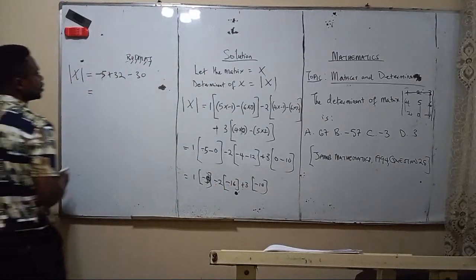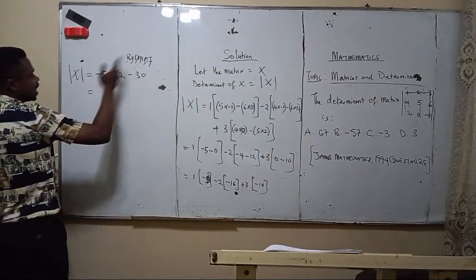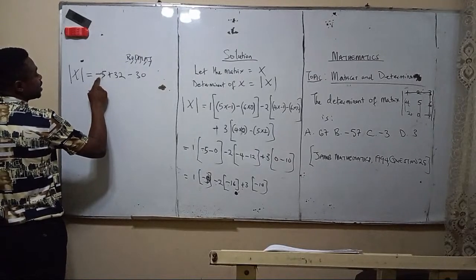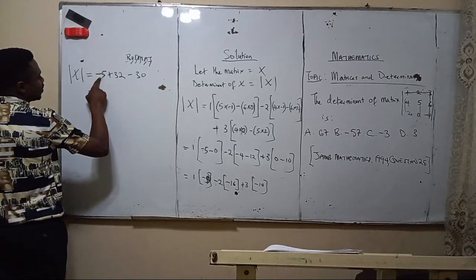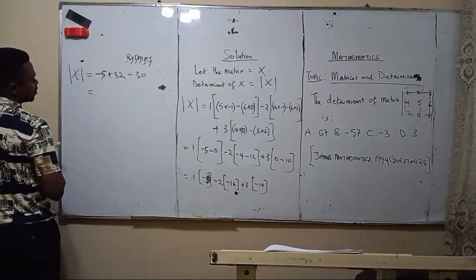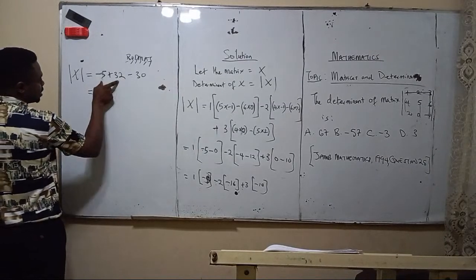So let's continue. If you follow any of these, the sign is minus. So if you do minus 5 plus 32, it's the same as 32 minus 5, which is 27.